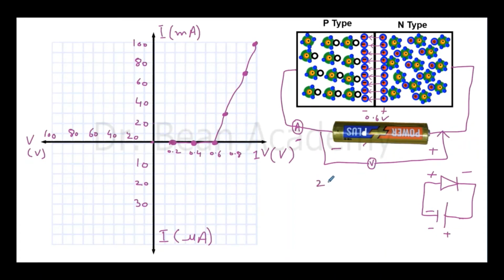Initial value is 20 volts. I have applied 20 volts, and as you can see, this is actually the opposite of forward bias, because now here is the positive side, and this positive side will actually bring the electrons away from the barrier. In fact, we need to push the electrons into the barrier so that they can flow and we can get the current. But in this setup, it is not possible.